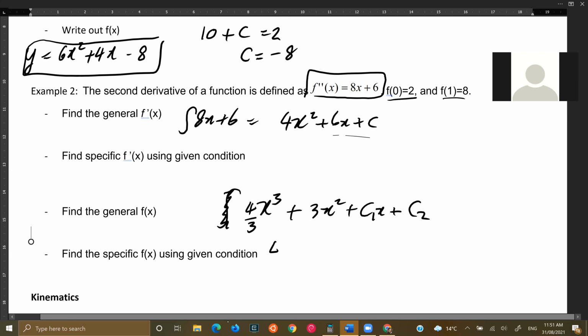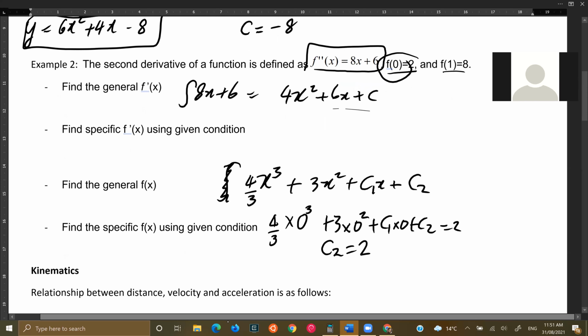So 4 over 3 times 0 cubed. So here I'm using that when x is 0, y is 2, plus 3 times 0 squared plus c1 times 0 plus c2 equals 2. So basically I've worked out that c2 is equal to 2.